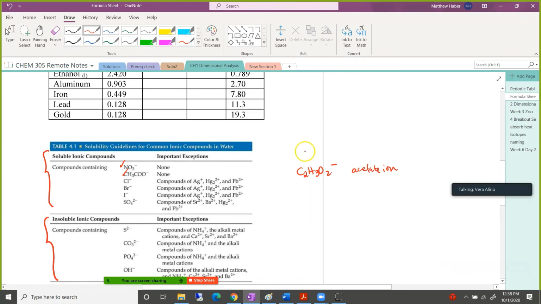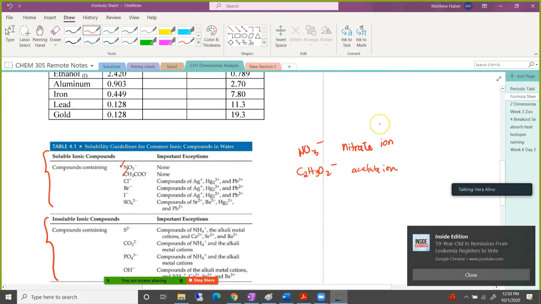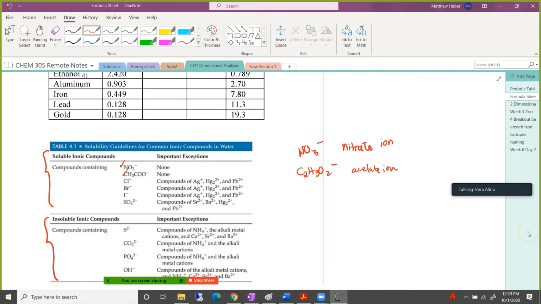And NO3 minus. What is NO3 minus, guys? Do you recall what ion that is? Perfect. Nitrate ion. If your compound contains these polyatomic ions, nitrate or acetate, they're automatically soluble in water. No exceptions whatsoever.